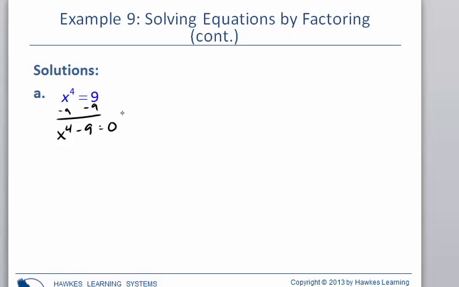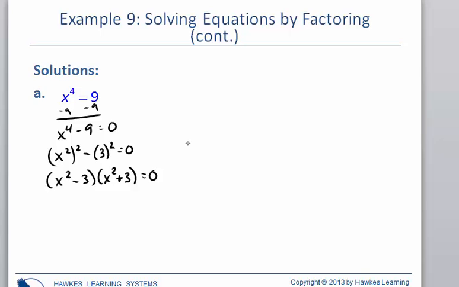Now, if you look at that, we can factor that using a difference of two squares. We know that x to the fourth could be written as x squared squared. And the 9 could be written as 3 squared. And so remember, a difference of two squares factors into x squared minus 3 and x squared plus 3. That is a special factoring property.